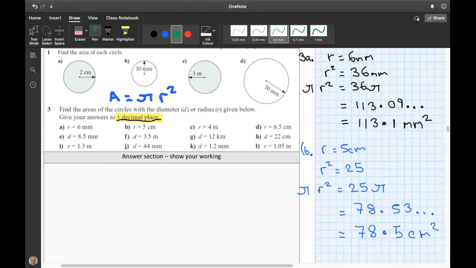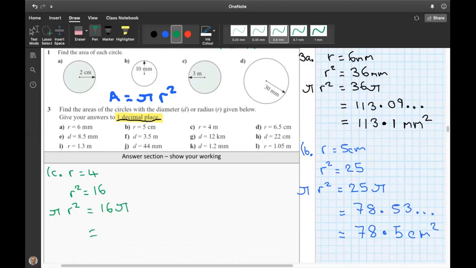Okay, let's have a look at C now. So we've got radius, sorry, was 4. So our radius squared will be 4 times 4, 16. Pi r squared is going to be 16 pi.